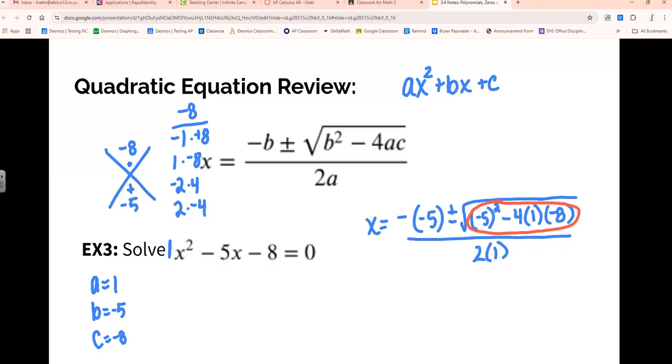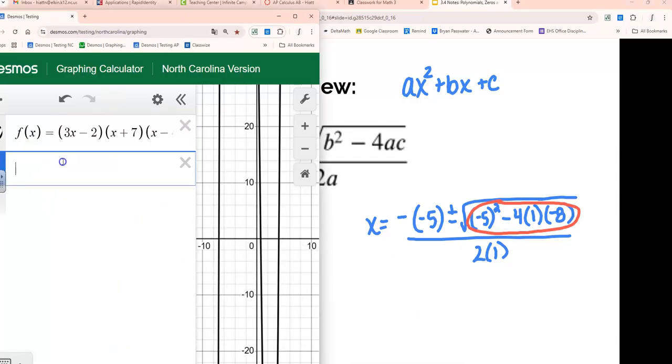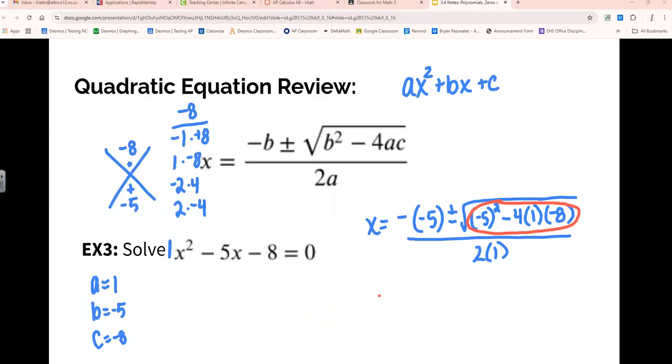You can do it in your head, or type it into Desmos, but don't put the square root there. So negative 5 squared gives us 25, minus 4 times 1 times negative 8, and I'm getting 57.